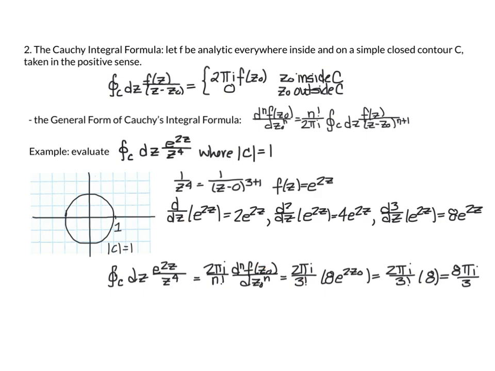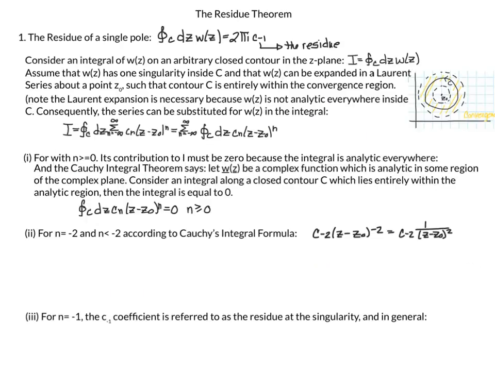Here I took the first, second, and third derivative of f, and I evaluated it at z naught, and z naught in this case is 0, so I get 8. So I have 2 pi i over 3 factorial, 8 times e to the 2 z naught, with z naught 0, so I simply get 8 pi i over 3.